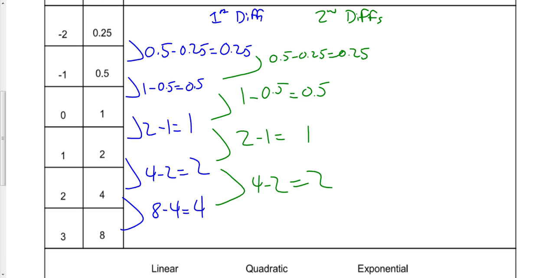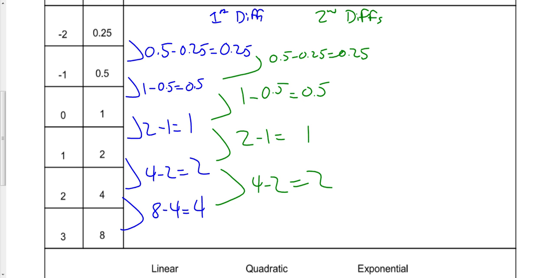Okay, so it can't be linear, it can't be quadratic, so therefore, could it be exponential? Well, how can we tell? One thing that we can see very clearly, hopefully, is that there's a connection between the numbers in all the second differences and the numbers in all the first differences and the numbers that are actually in the table of values.